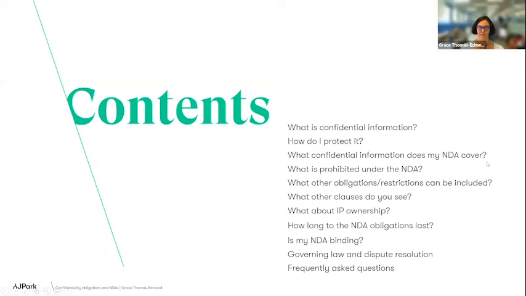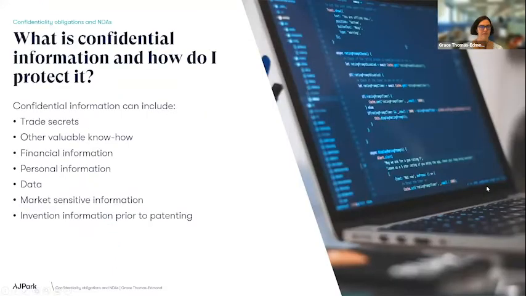That's just a very brief overview of what we're going to cover today. Starting at the very beginning, what is confidential information? It can include many different things and for each business or person, it's going to be different, but it can include trade secrets, other know-how, financial information, personal information.